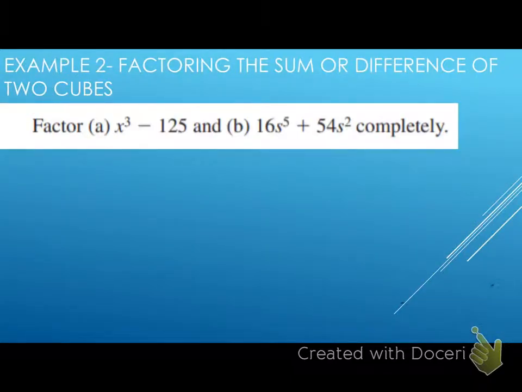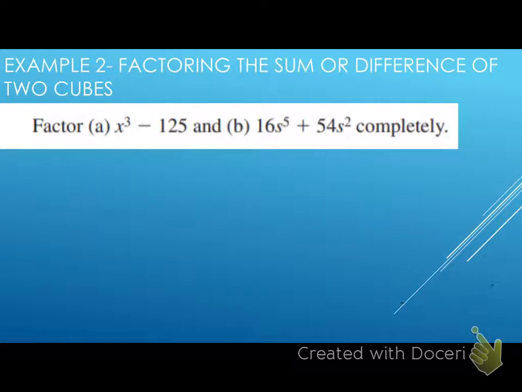Letter A, factor x cubed minus 125. So first off, I have to decide if that actually is a difference of two cubes. I have to find out if I can take the cube root of x cubed and I can take the cube root of 125. Are those both perfect cubes? Not perfect squares, perfect cubes.